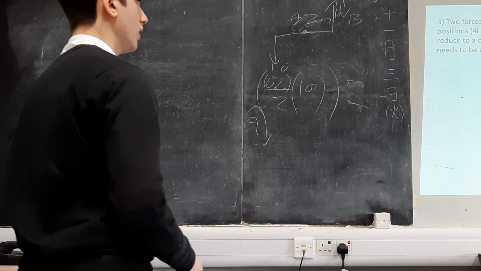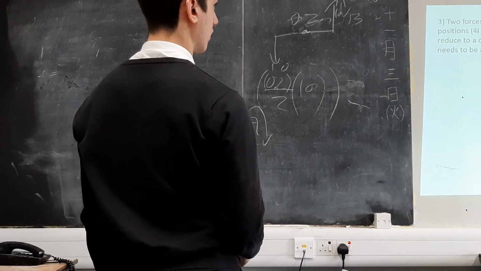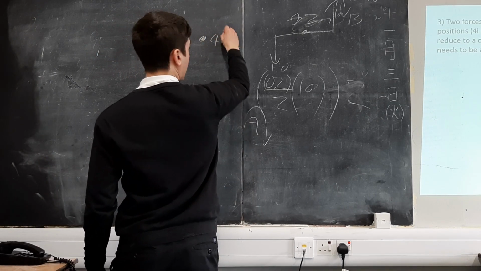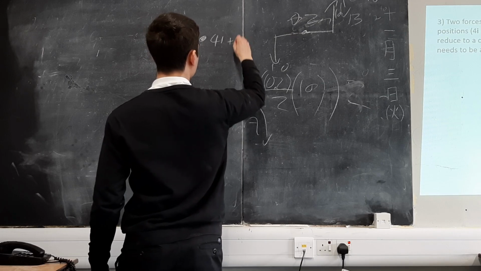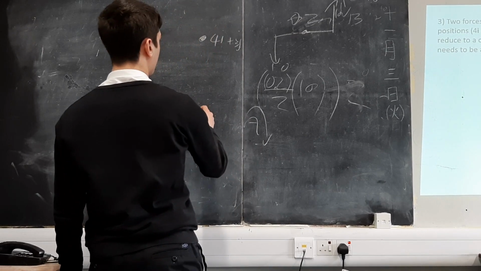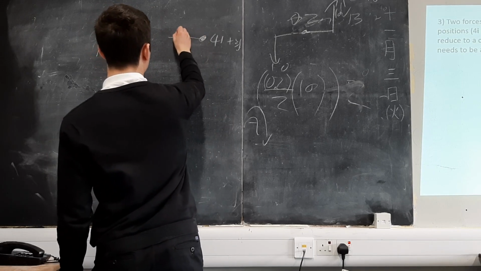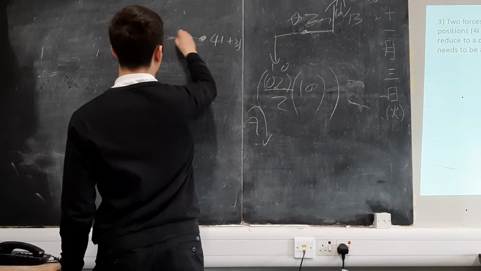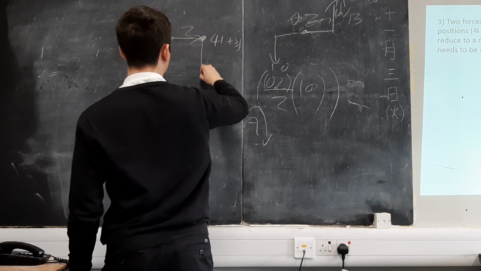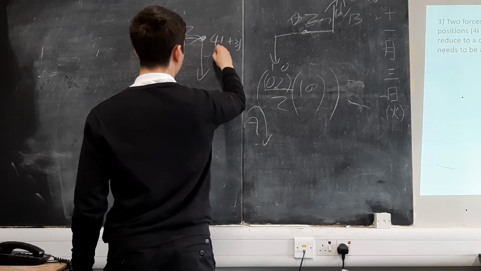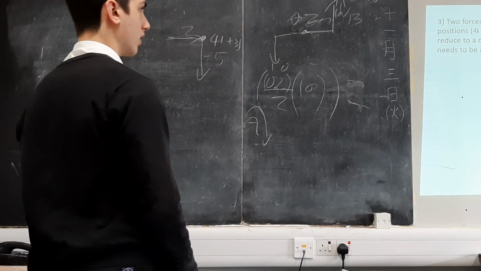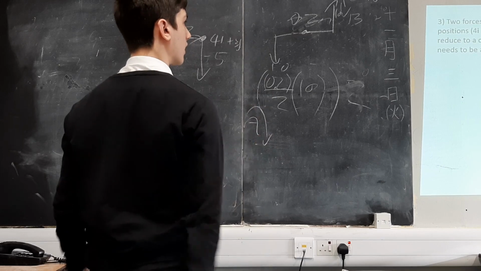Okay, so for I plus 3j with forces, I'm just going to write it like this because I hate everything. And minus 5. It's in vector format, but that's how it looks.